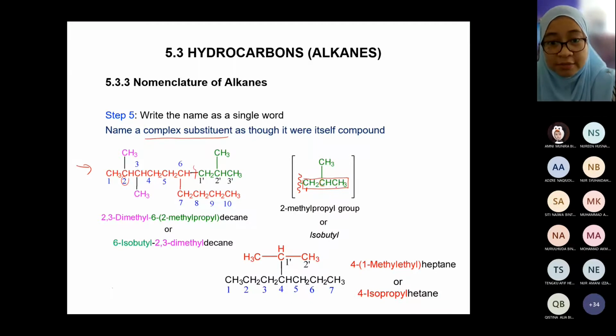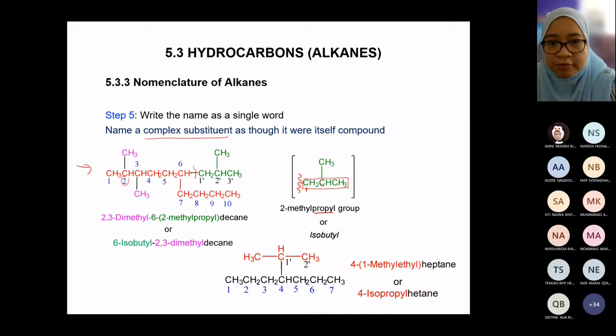So we have 3 carbons, right? So it is called propyl. See? It should end with YL because it is a substituent. It is not propane. Propane is the real parent, the original. But this one ends with YL because it is a substituent. The approach is the same as how we would name the original compound.